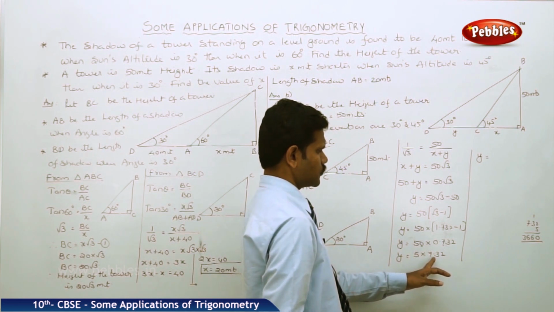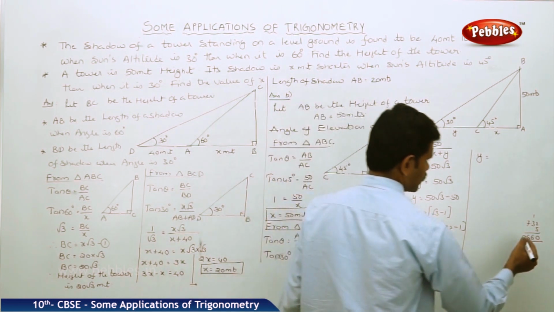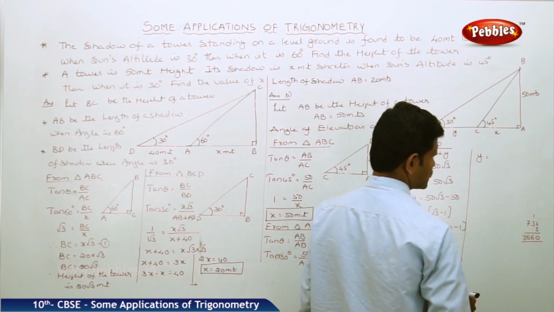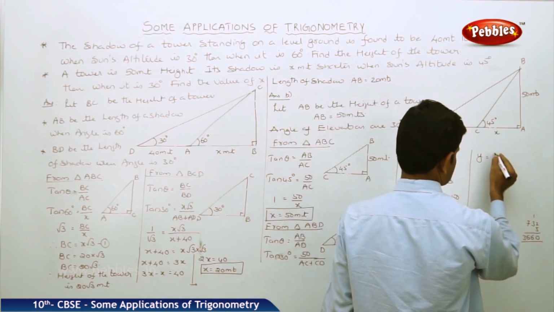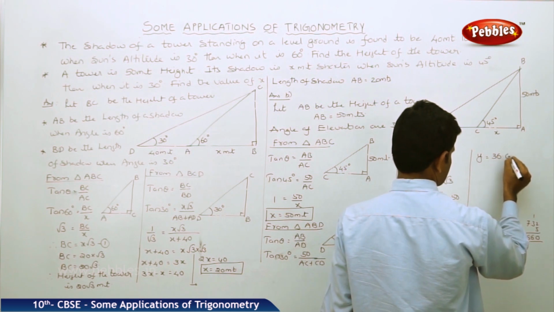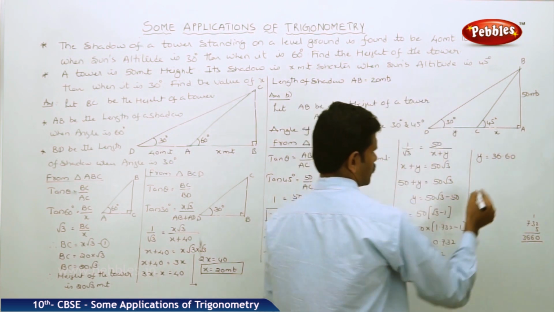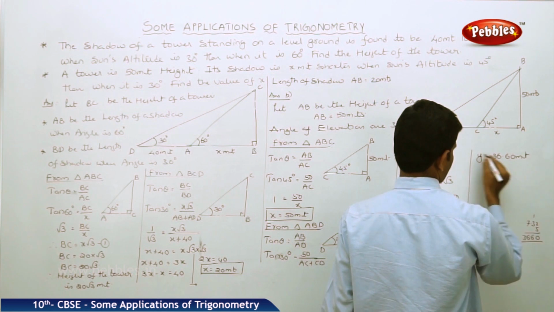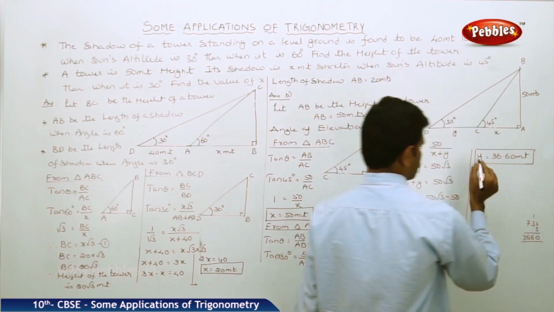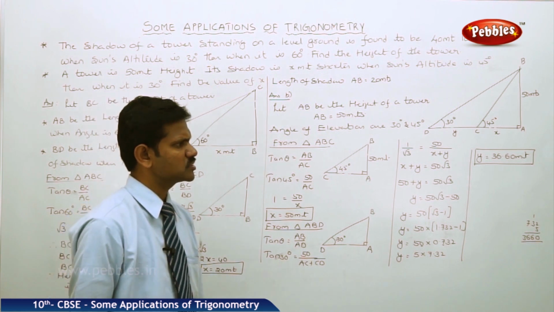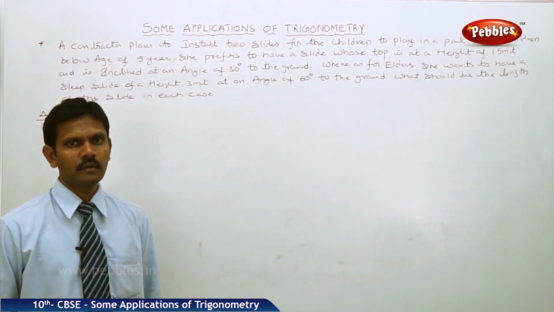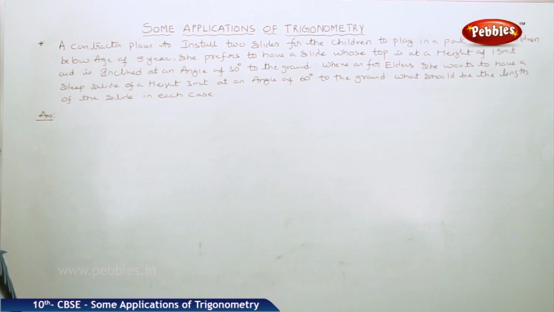That is, placing the point two places after, that is 36.60 meters. Therefore, the value of y is 36.60 meters. Let us see the next example.